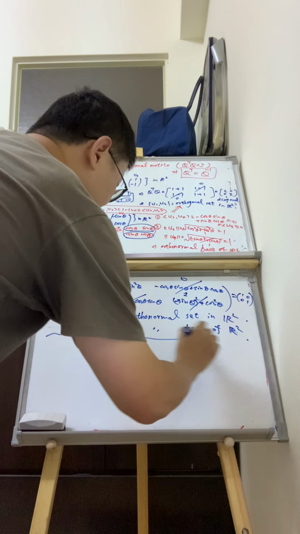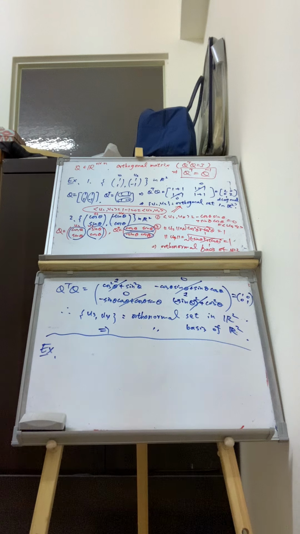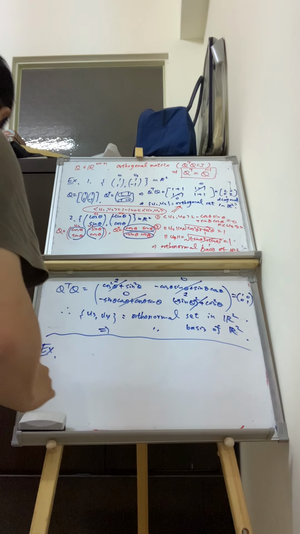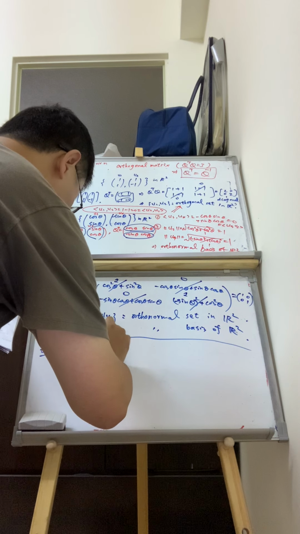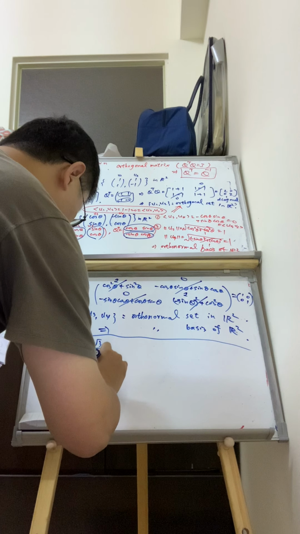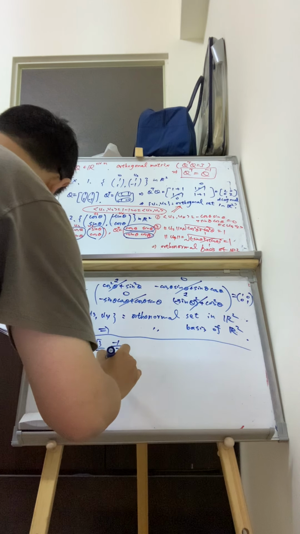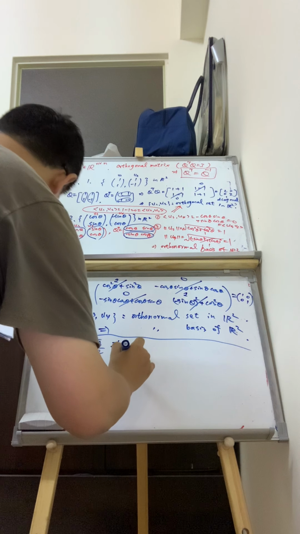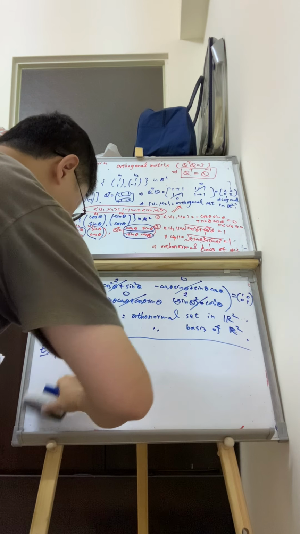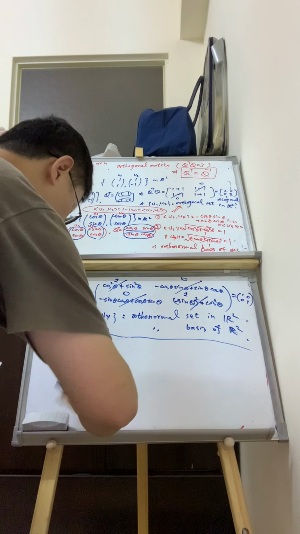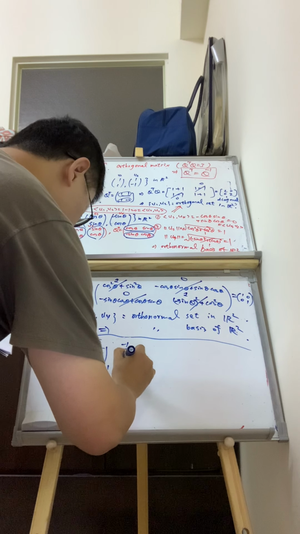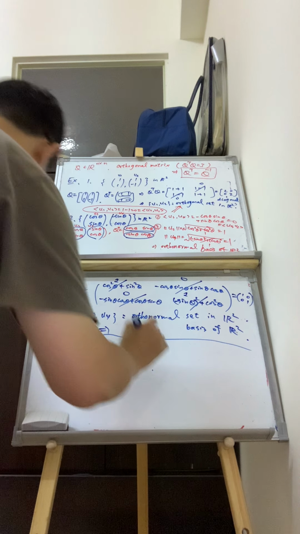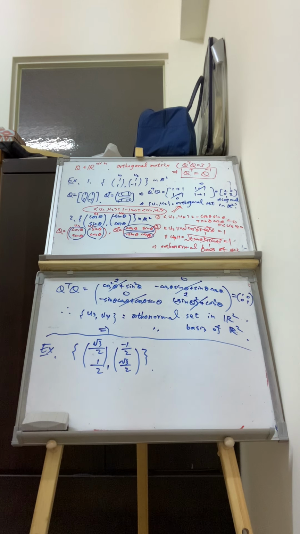Okay, so I give you just one more example, then we finish. Let's consider the two vectors square root of 3 over 2, 1/2, and negative 1/2, square root of 3 over 2.